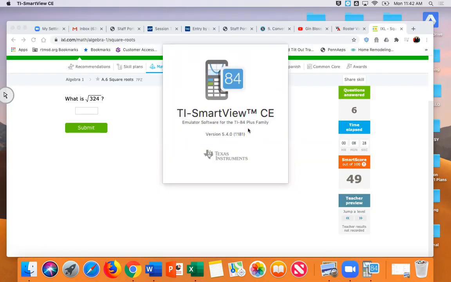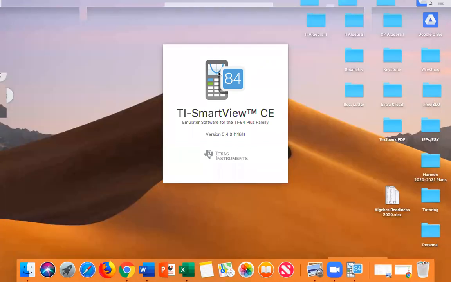So now what we can do is we take our calculator. Hopefully it loads quicker now. And then we're going to use that to tell us what the square root of 324 is. So everybody take your calculator, turn it on. Of course, we get the spinning wheel of doom.